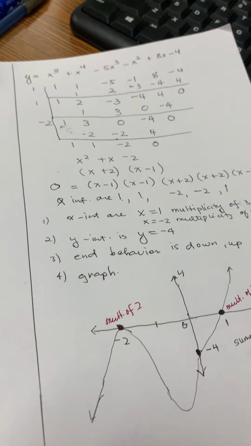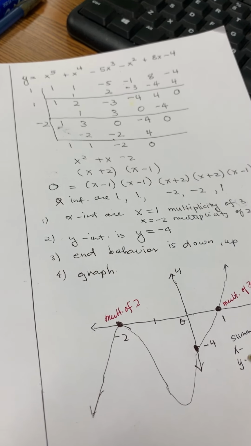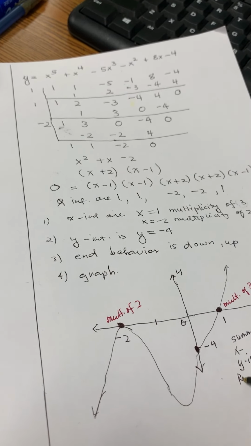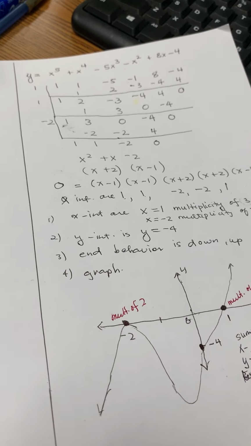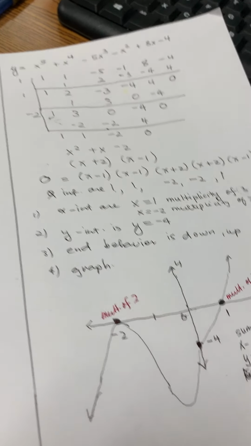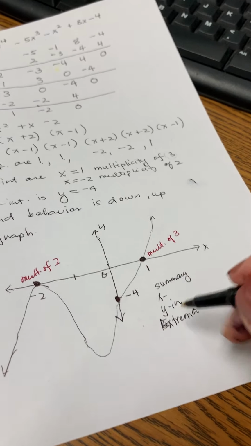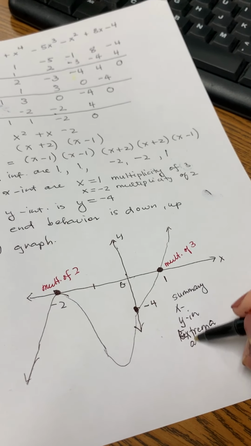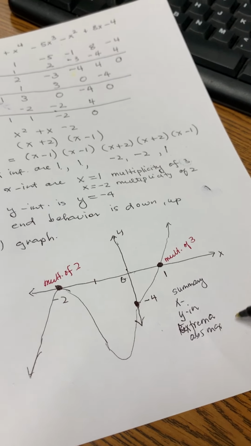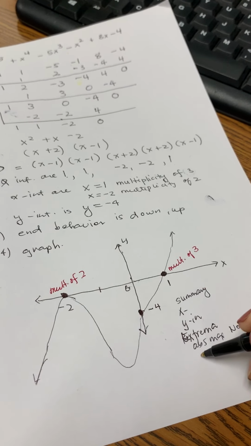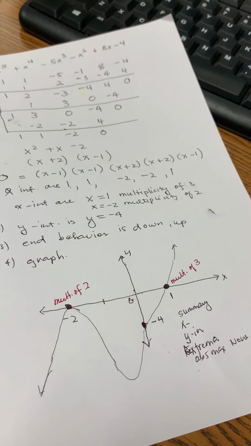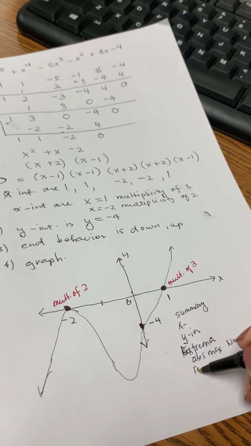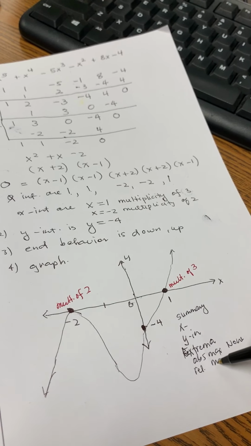Okay, so let's finish this summary. We said x-intercept, just write it, y-intercept, extrema. So we don't have an absolute maximum, none. We have a relative maximum point.